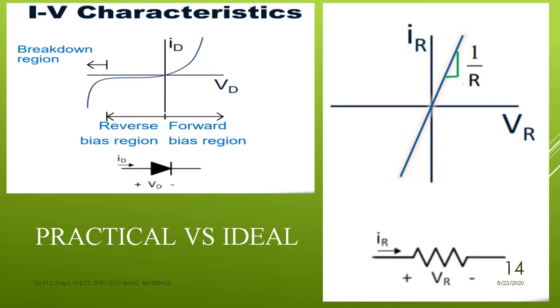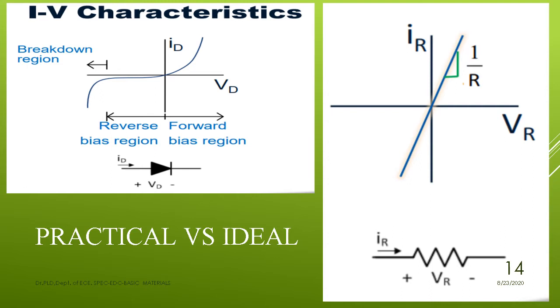From these characteristics, I would like to calculate the resistances of forward bias and reverse bias. In the practical case, from its characteristics, we calculate the resistances by taking the slope between 2 points, drawing a line between 2 points of the curve.